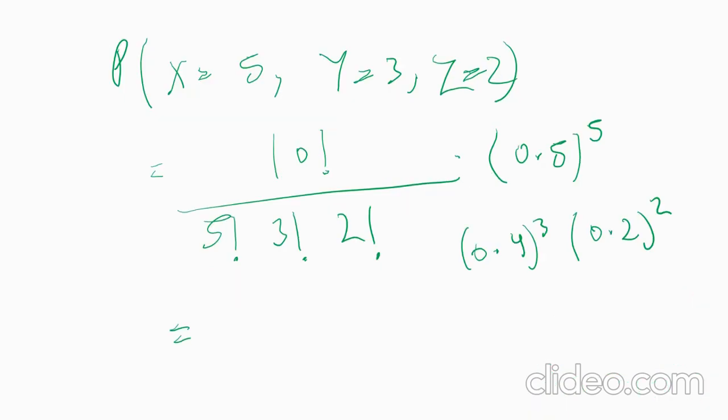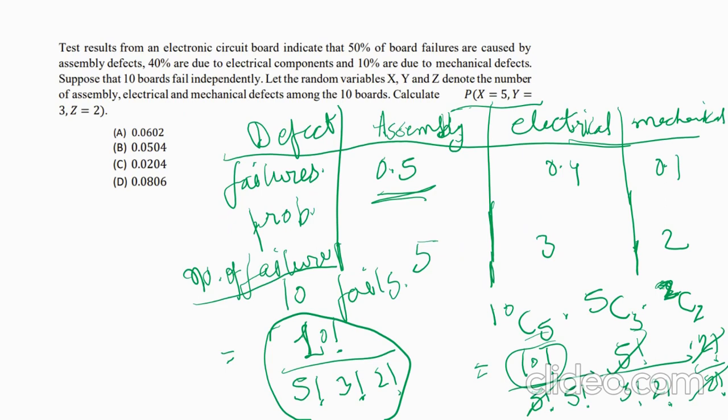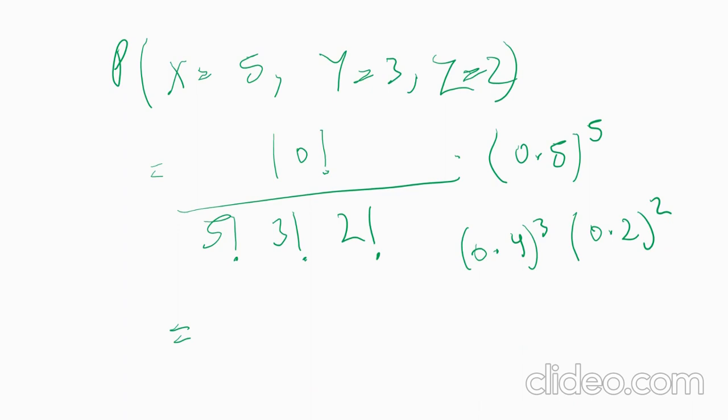See, 10 factorial divided by 5 factorial will be 5 factorial, which will be 120 divided by now 6 divided by 2, and then multiplication with 0.5 to the power 5, and then again multiplied by 0.4 to the power 3, and then again multiplied with 0.1 whole square, and it will come out as, so this one was 0.1.